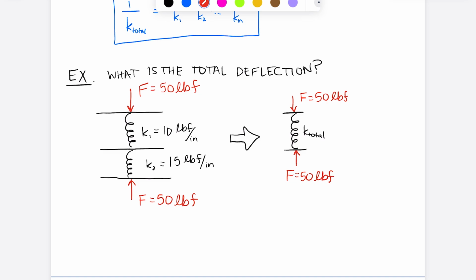Okay, because in this scenario, now I can just directly apply Hooke's law, F equals Kx, or F equals Ky, and I can solve for y, total deflection.